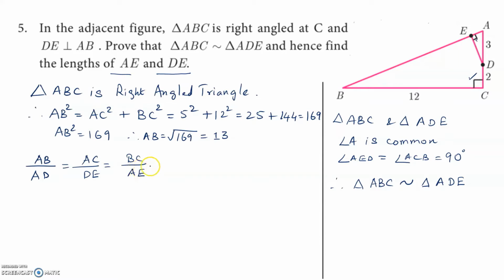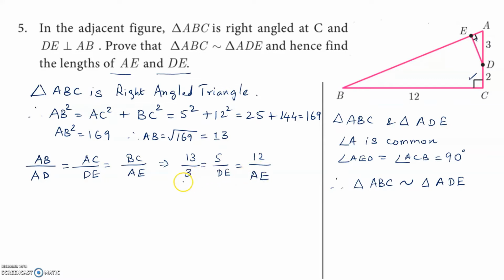Okay, so now let's substitute all the values here. Now my AB is 13 and my AD is 3. AC is 5 and our DE we need to find. Then BC is 12. We need to find our AE.